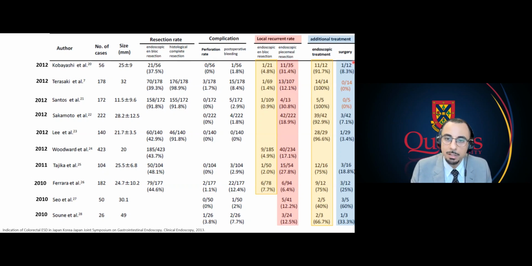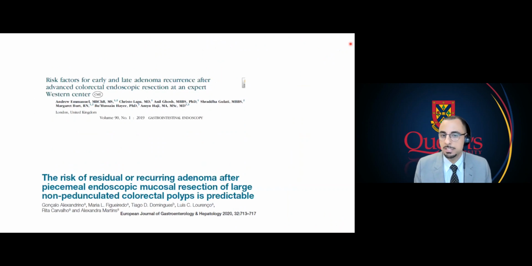And some people might say, well, those are older studies. We have new techniques now that decrease the risk of recurrence, such as burning the edges after we remove it piecemeal. So these are 2 studies from 2 expert centers, one in London, this one here, and one from Portugal. The London series was 456 patients, and they used measures such as burning the edges.